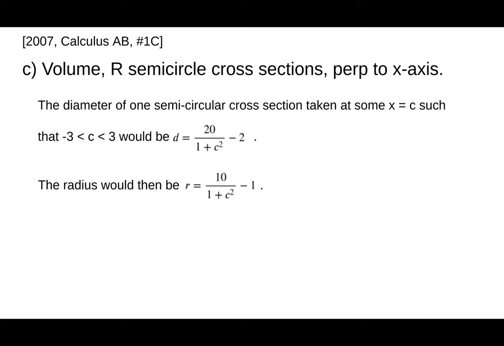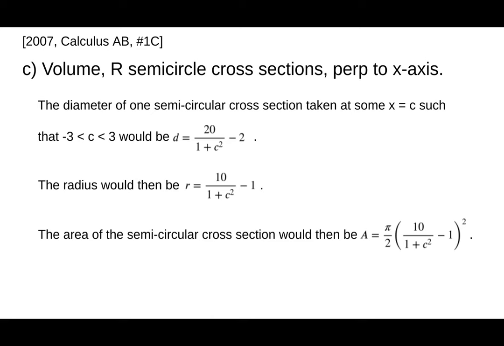And now we can think of this as basically just integrating some volume of circle cross sections. So the area of the semicircular cross-section would be, well, I have my radius, which is 10 over 1 plus x squared minus 1. I have to square that. Multiply it by pi.